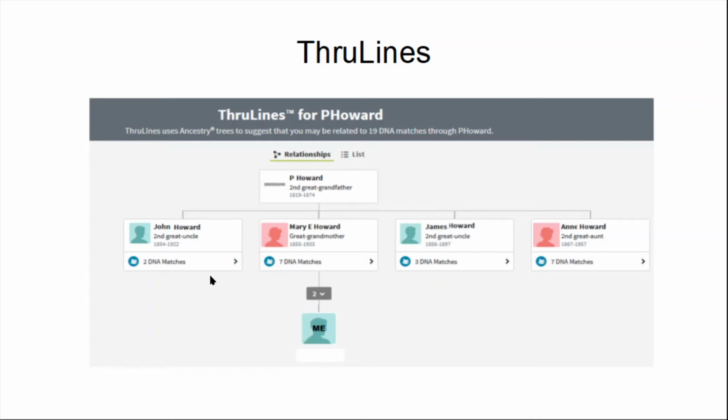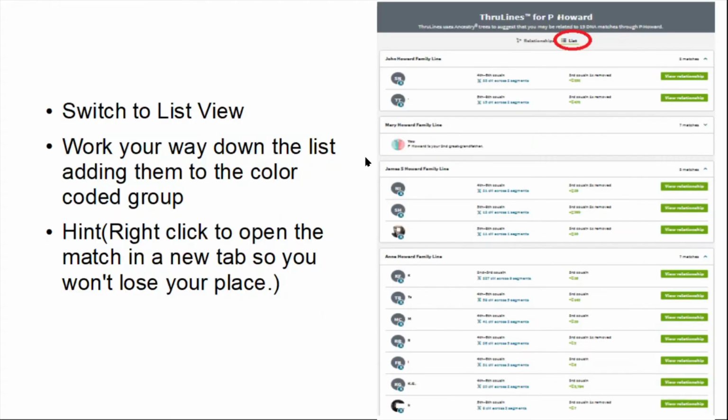We're going to have to process these groups one at a time. First thing I'm going to do is switch to list view, and then I popped open every line. There's these little down arrows and up arrows. I popped them open. I'm going to work my way down the list.